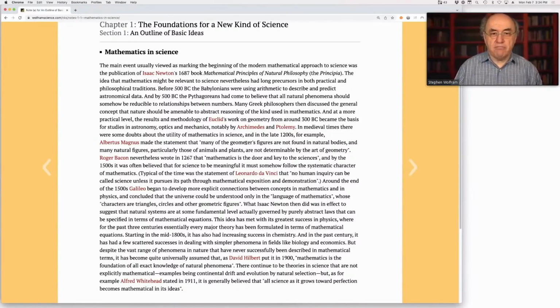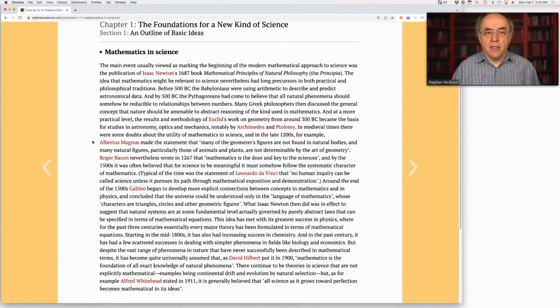It's interesting, by the late 1600s, I talk about Albertus Magnus, who says, many of the geometer's figures are not found in natural bodies, and many natural figures, particularly those of animals and plants, are not determinable by the art of geometry.